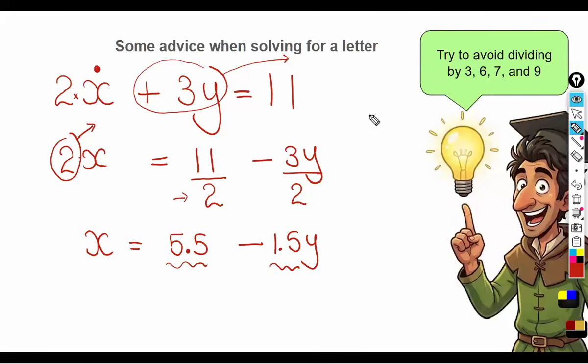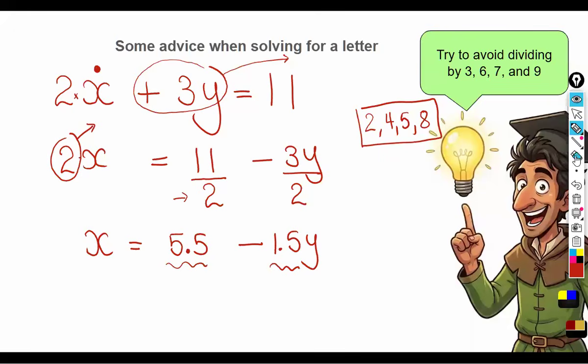You see, when you divide by these numbers, like 2, 4, 5, and 8, you just usually get very nice, easy decimals to deal with. So dividing by 2, 4, 5, and 8 is usually a good thing in maths.